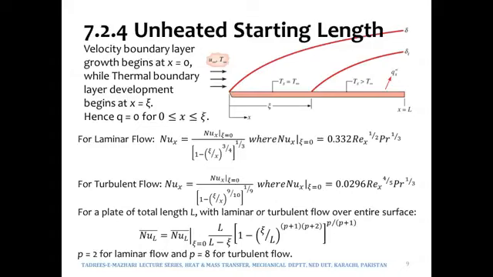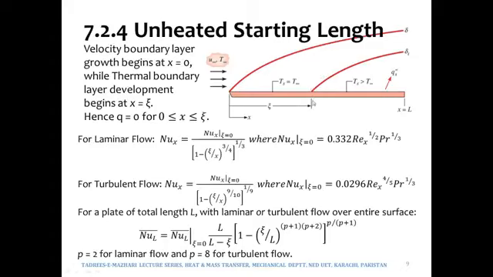Okay, let's go over this small topic of unheated starting length. In this particular topic, as you can see, the thermal boundary layer does not start from the beginning of the plate.